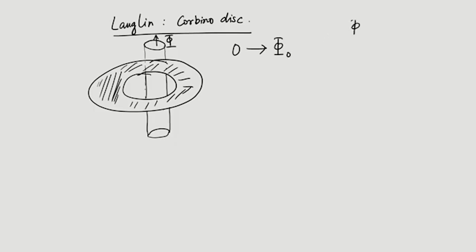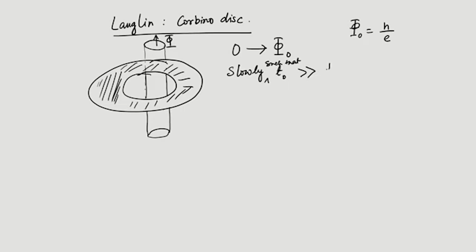Just to remind you, phi 0 is nothing but h over e. And when I say slowly, what I mean is that over a time period, let's call it t0, t0 is much greater than the inverse of the energy scale of the problem.